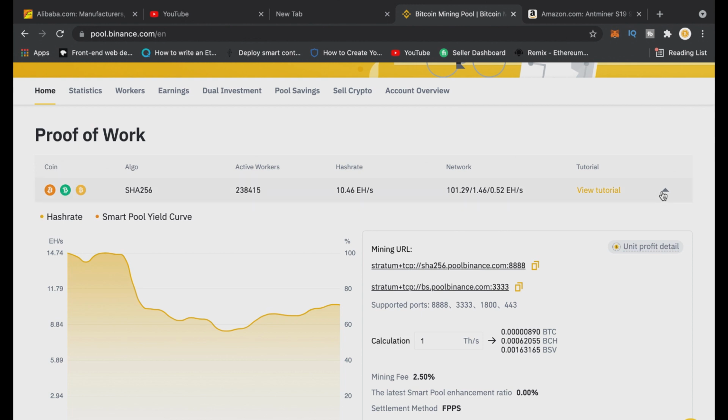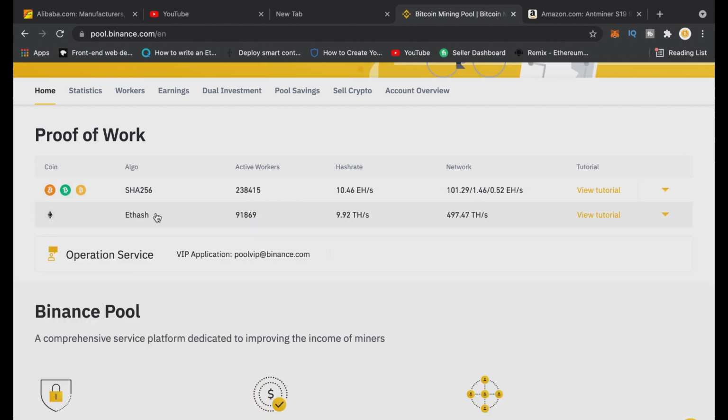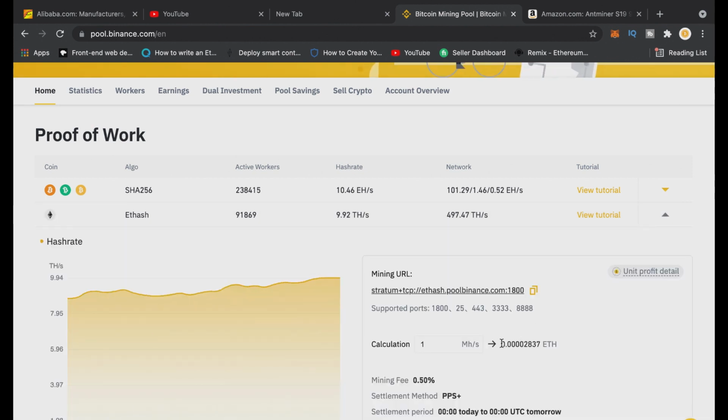If you decide to do this, you can mine Ethereum. And how many? You have 91,800 active workers already. Let's check this one. Let's see.